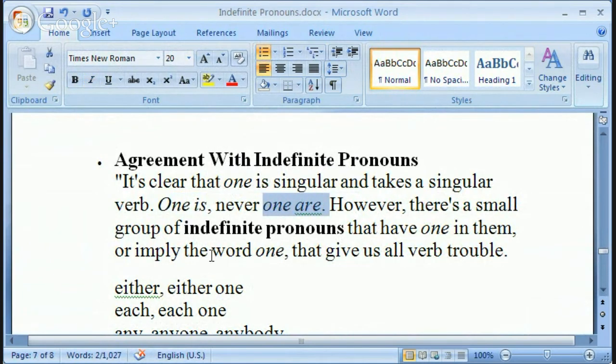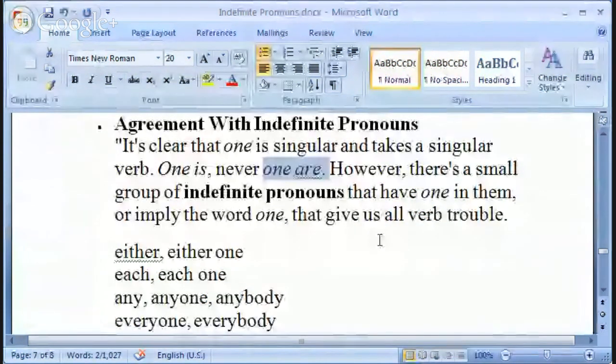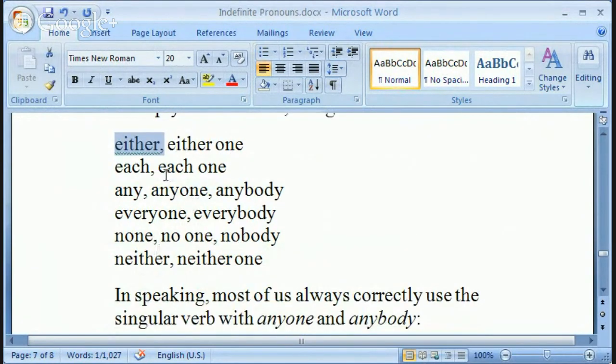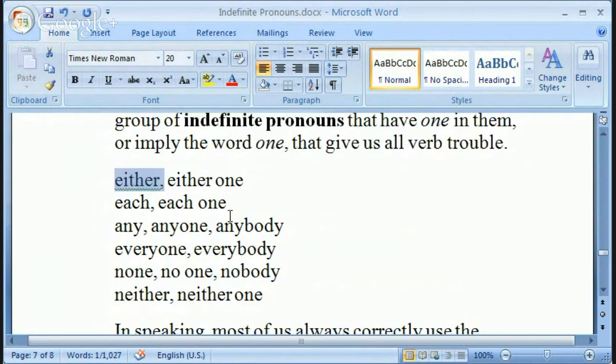However, there's a small group of indefinite pronouns that have one in them or imply the word one that can be troublesome when we're thinking about subject-verb agreement. Either one is ready to do it. Either, again, is singular. We saw that earlier. Many of these we saw earlier in the lesson when we were making sentences with singular.